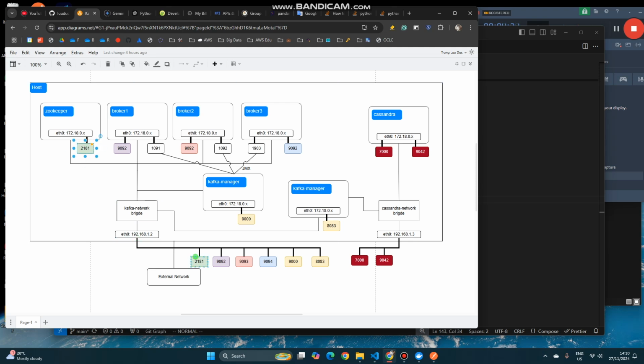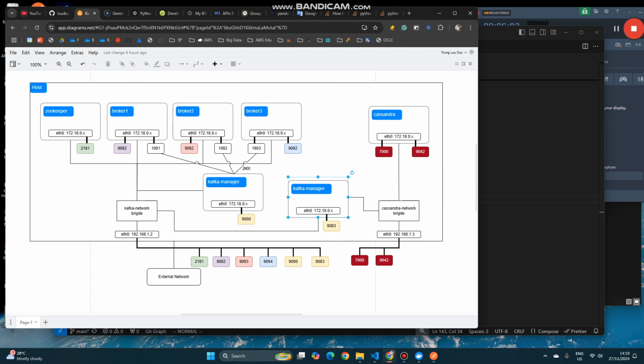And there are some ports that are going to be exposed to the external network. One thing to be noted is about the JMX metrics. Those ports are gonna be exported from the Docker container, and the Kafka Manager is gonna communicate with the brokers via those ports to get the metrics data and visualize it in the Kafka Manager dashboard.